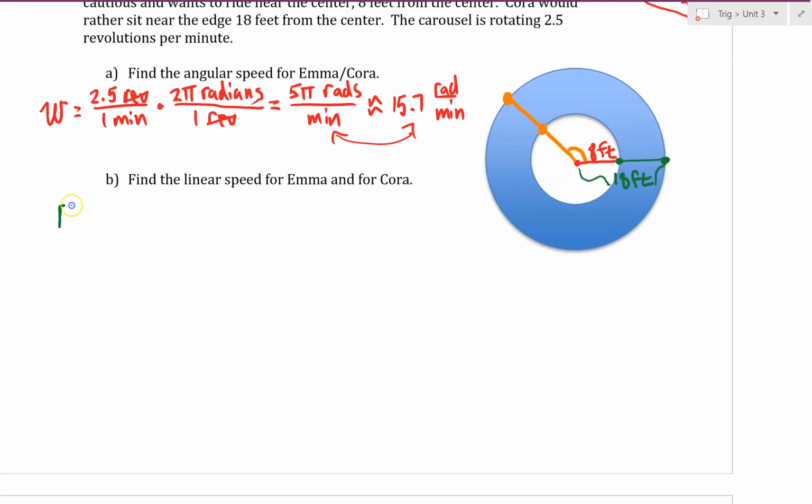So for Emma, we will say the following. Linear speed. It's really going to be r times omega here, which means the radius, which in this case was 8 feet, and we're going to multiply that by 5 pi radians per minute.